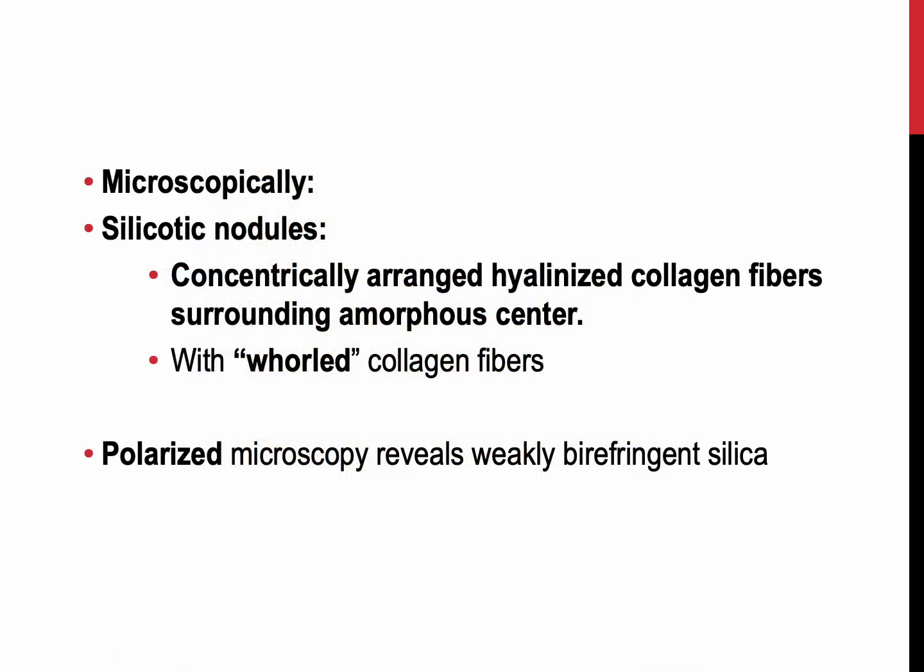Microscopically, the silicotic nodule demonstrates concentrically hyalinized collagen fibers surrounding an amorphous center. The whorled appearance of the collagen fibers is characteristic. Examination of the nodules by polarized microscopy reveals weakly birefringent silica particles in the center of the nodules.